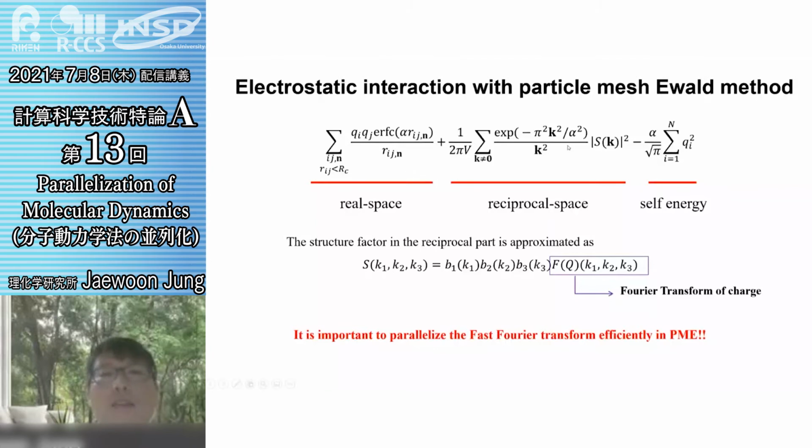And in the case of reciprocal space interaction, this one is approximated in this way, some kind of prefactor with a fast Fourier transformation. And in reciprocal space interaction, one of the most important things is the parallelization of this fast Fourier transformation.